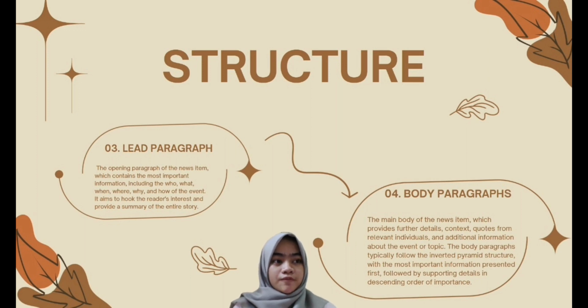Next, the body paragraph is a relevant individual part that gives additional information about the event or topic. The body paragraph follows an inverted pyramid structure, with the most important information presented first and followed by supporting details in descending order of importance.